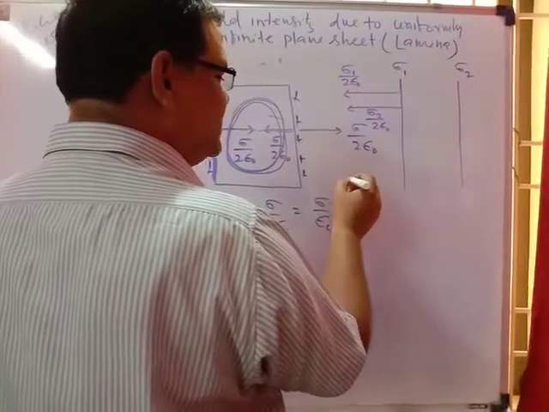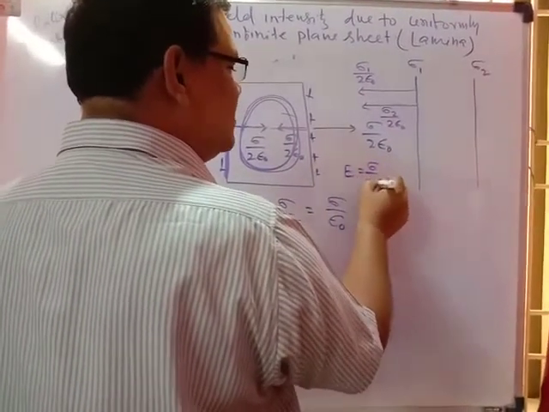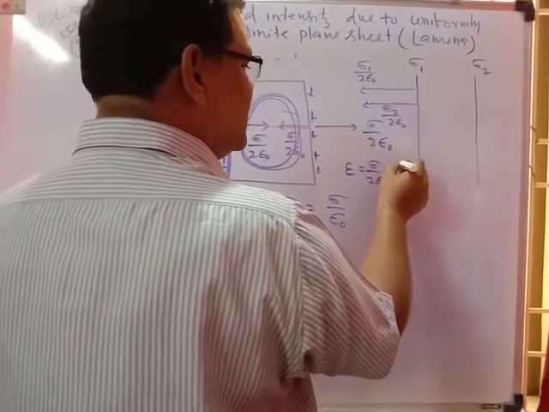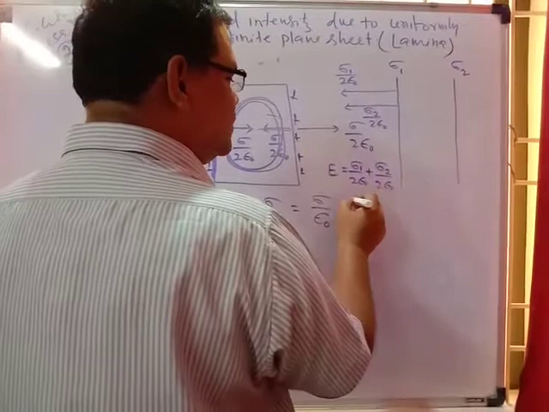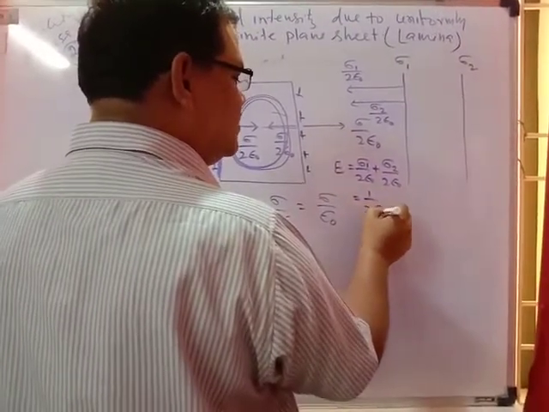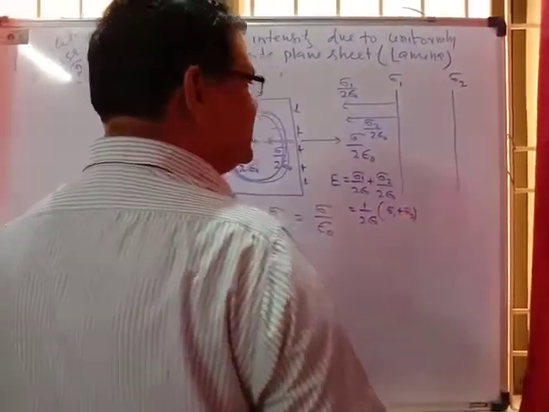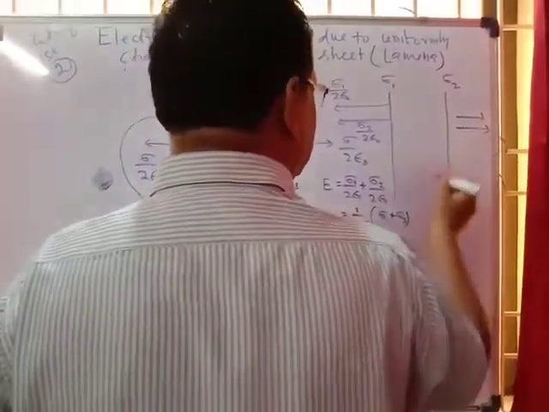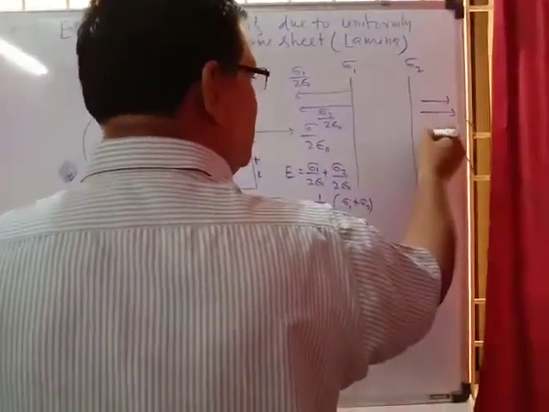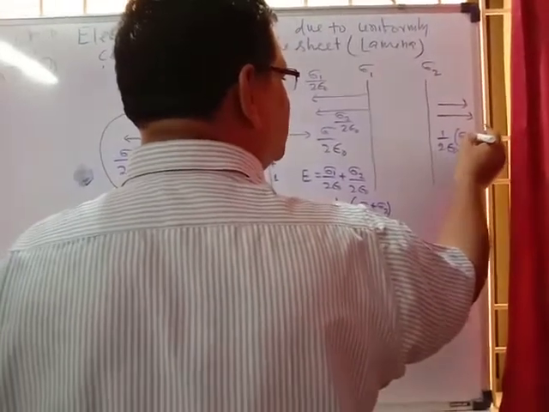The net intensity E is equal to sigma 1 upon 2 epsilon naught plus sigma 2 upon 2 epsilon naught, that is 1 upon 2 epsilon naught times (sigma 1 plus sigma 2). On this side also you find the same: 1 upon 2 epsilon naught times (sigma 1 plus sigma 2).